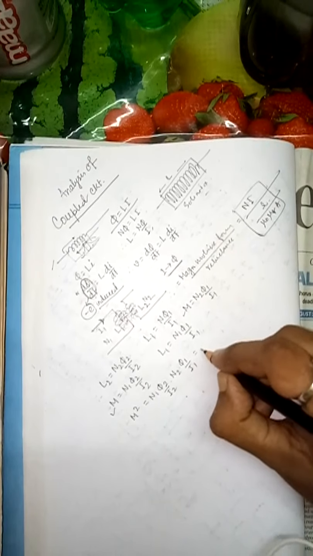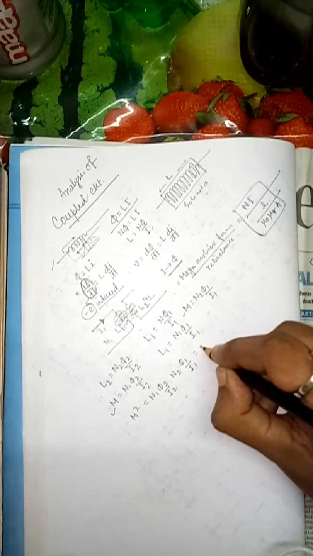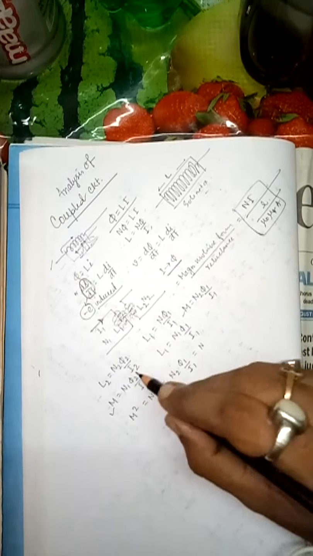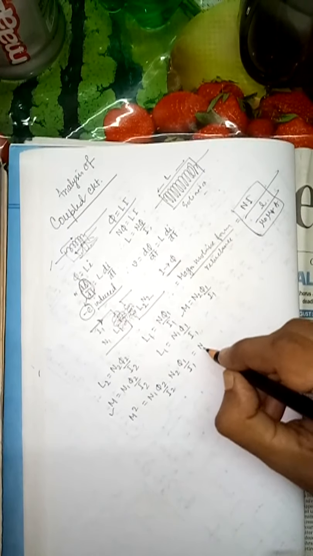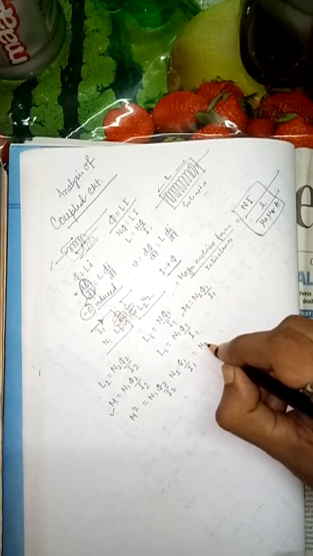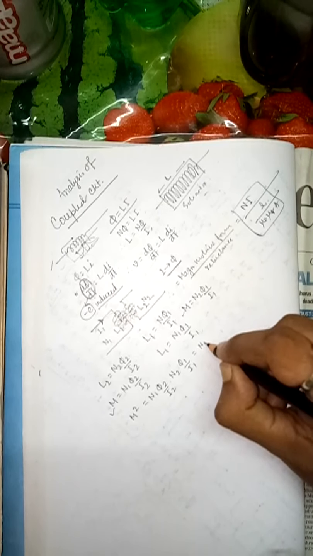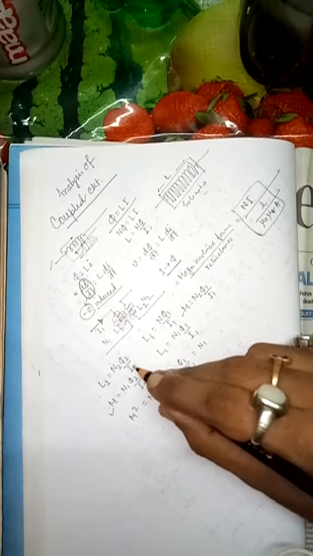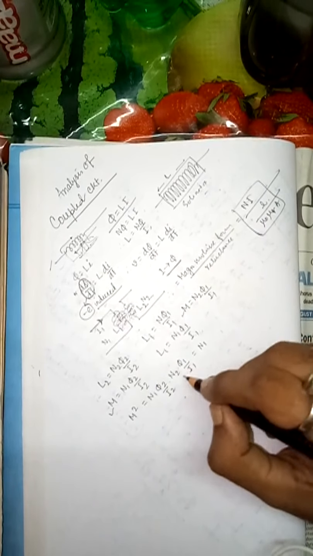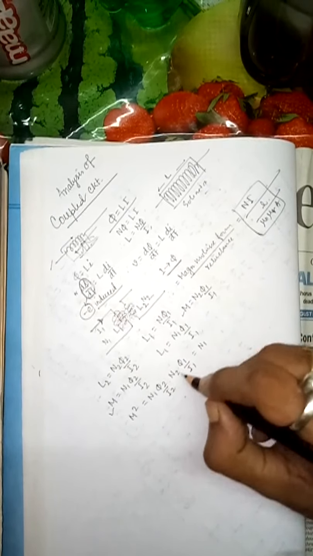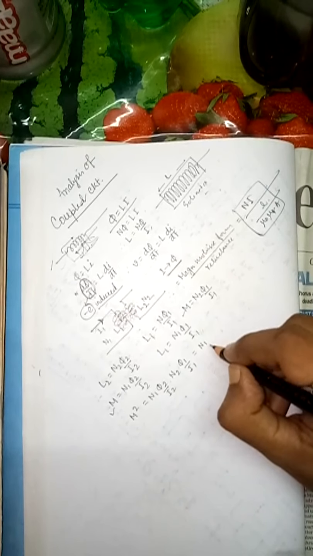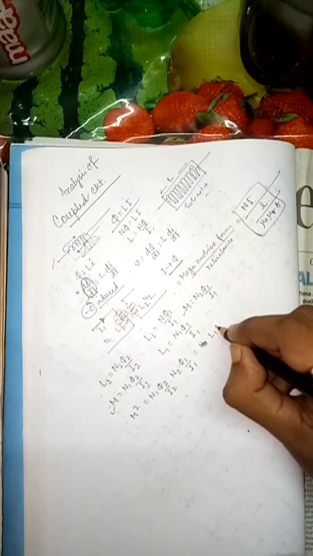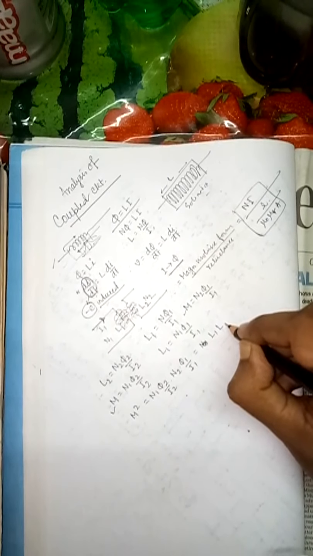So that is, what is N1 phi 1 by I1? That is L1. What is this? This is L2. So in this way, if you are comparing, you can write that M square equals L1 L2.